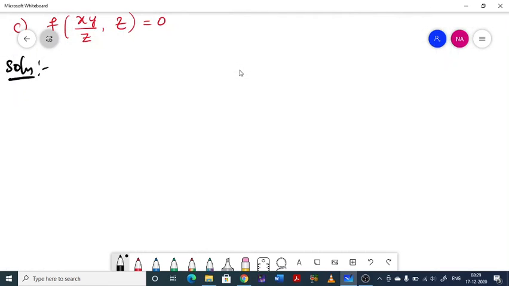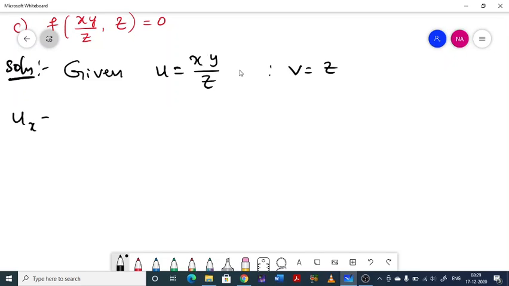Given u equal to xy by z, and v equal to z alone. Now differentiating u with respect to x and y partially, first I'll get ux. See here we treat z as a function of x and y.